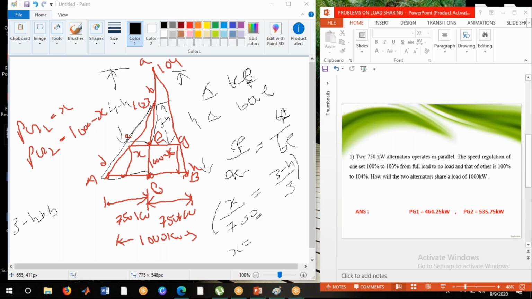If you solve this equation, you will get X in terms of H as 750 minus 250H. So this is the X value: X equals 750 minus 250H.